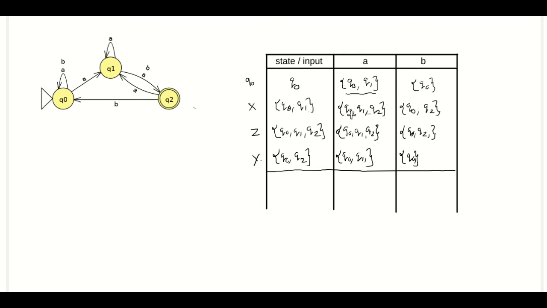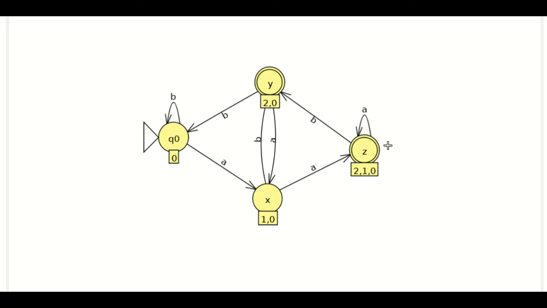So x on A goes to z, and x on B goes to state y. From z on A, it remains in state z itself. z on B goes to state y. From y on A, it goes to state x, and from y on B it goes to state q0, and the final DFA will look like this.